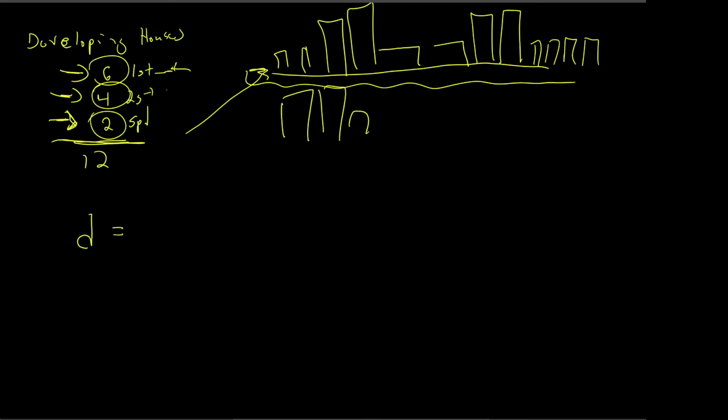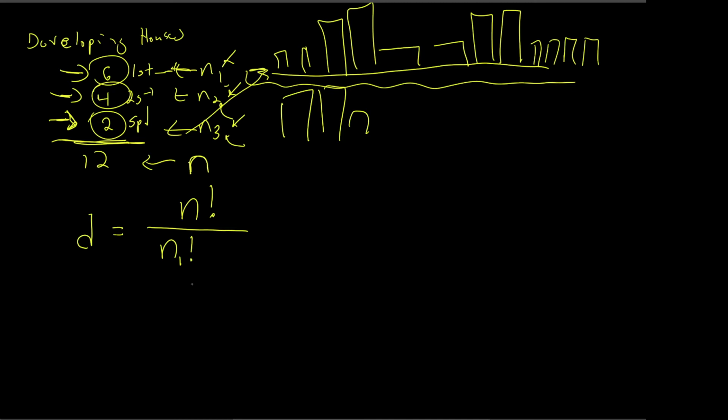We're going to give these variables. This is n, the total number of houses we need, and then this is n1, n2, and n3, the number of particular things. To count all of this, we take n factorial, the 12 patterns we can have, divided by the possible permutations of n1, n2, and n3.